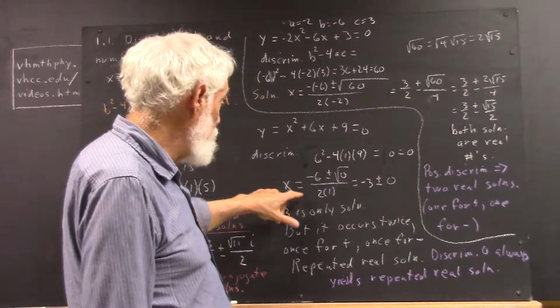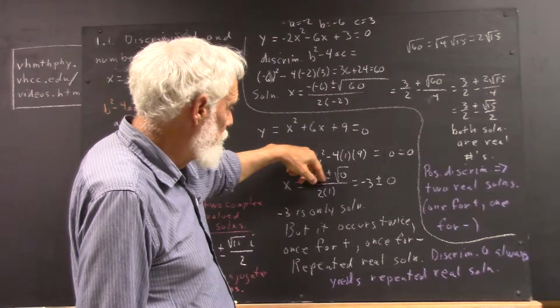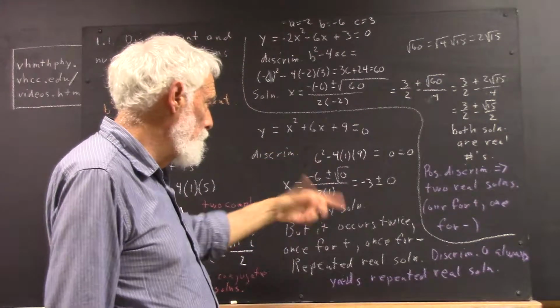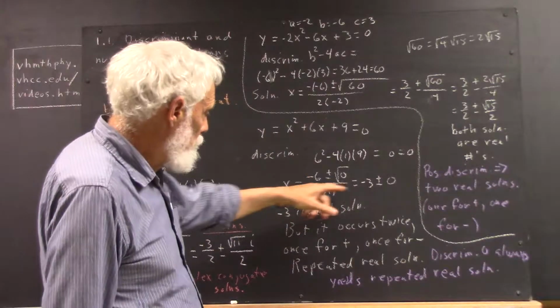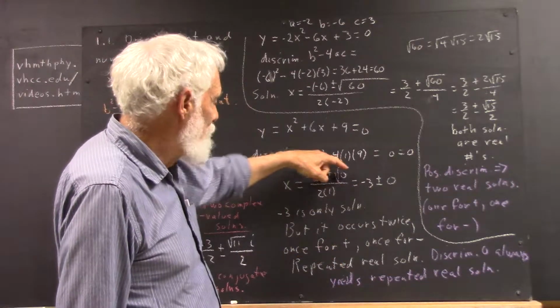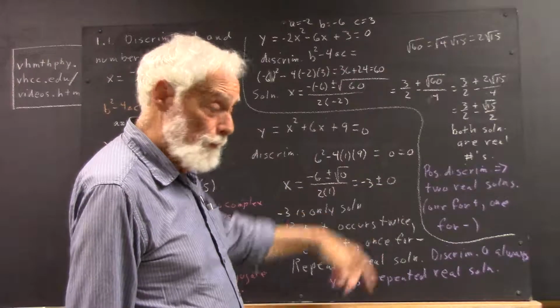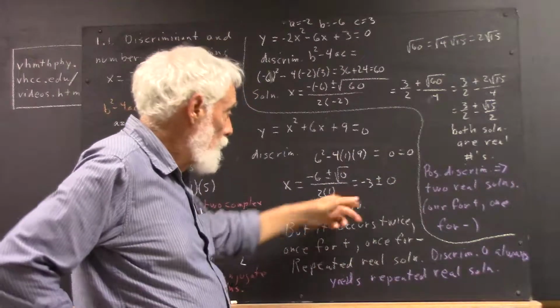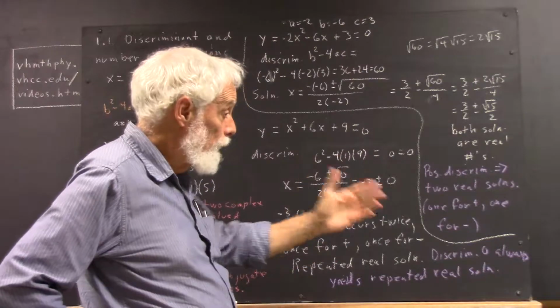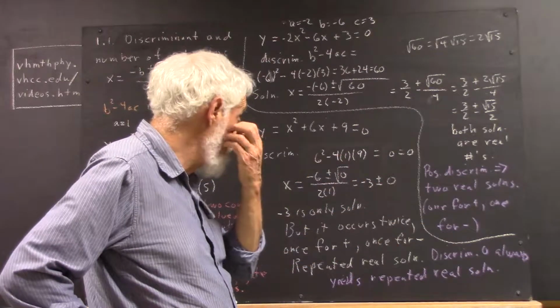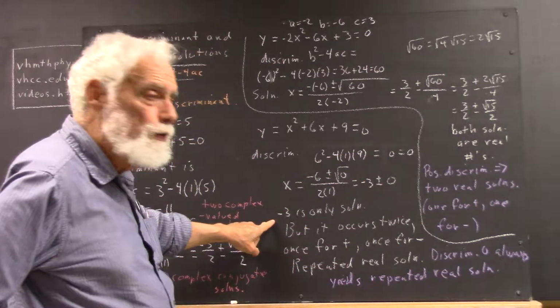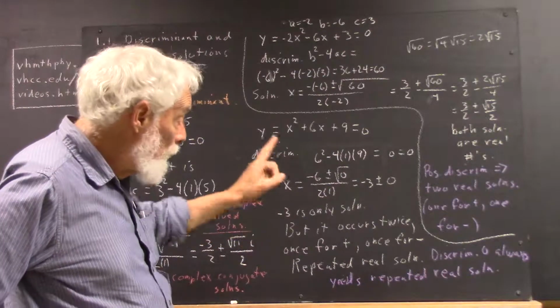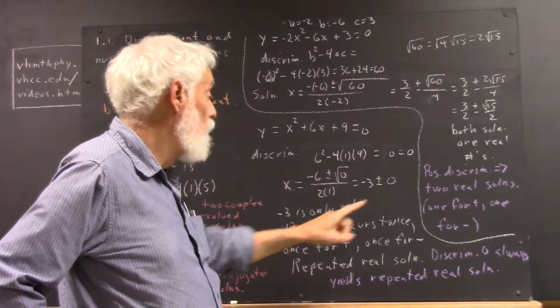So we have x equals -6 plus or minus the square root of 0 over 2 times 1. -6 over 2 is -3, and 0 over whatever is 0. So we have -3 plus or minus 0. Well, -3 plus 0 is the same thing as -3 minus 0. Either way, you get -3. -3 is your only solution, but note that it occurs twice.